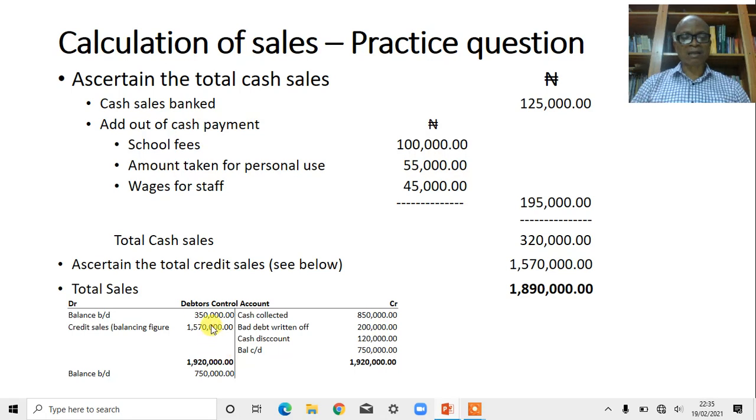So at the end of the day, we are left with a balancing figure of 1,570,000. So that is where we got our total credit sales. So by the time you add total credit sales with the cash sales, that will give you 1,890,000. So that's how to determine our sales at the end of the month.